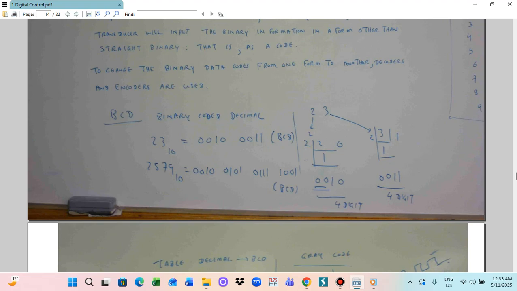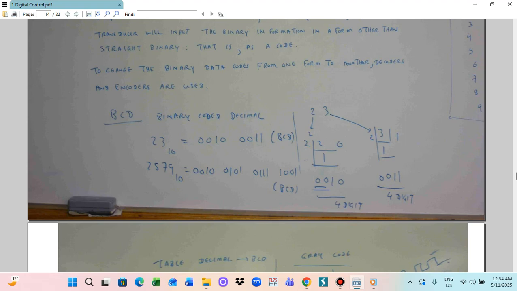This is four digits, so you put in extra 0s to get 0010. Then 3 divided by 2 gives a remainder of 1, so this is 1, 1. For four digits, you put in two more 0s, so 0011.